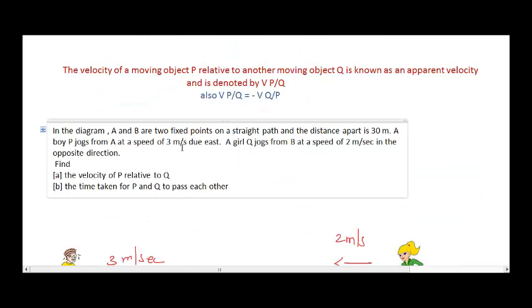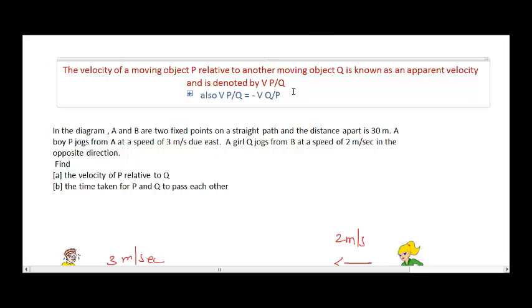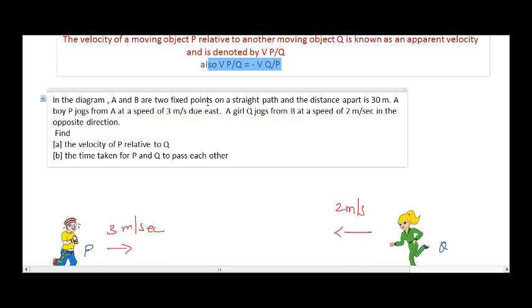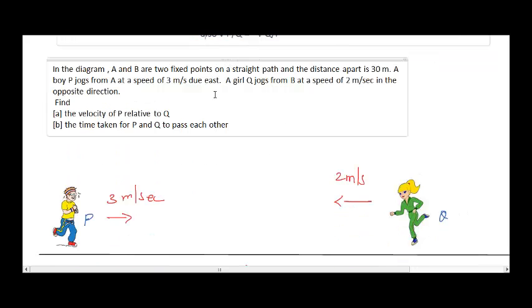So the definition is: the velocity of a moving object p relative to another moving object q is known as apparent velocity, and it is denoted by Vp given q, right? If we take it the other way around, the sign changes to negative. That's what the last point says.